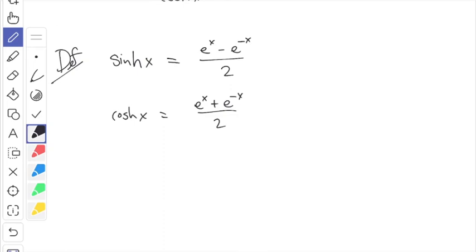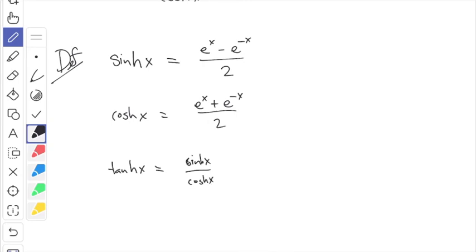All right, so these are the definitions of sinch and cosh. And like I said before, the foremost question in your mind should be, what does this have to do with sine and cosine? Because these definitions don't look anything like the definitions for sine and cosine. Sinch and cosh have nothing to do with the opposite side and the hypotenuse or anything like that. They have nothing to do with triangles at all, really. Let me just, for the sake of completeness, tell you what the other definitions are. They are sort of what you think they should be. Tanch is defined as sinch over cosh, just like the ordinary trig functions.